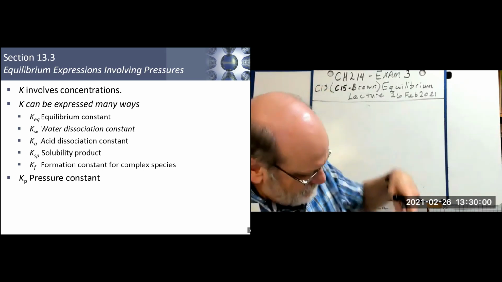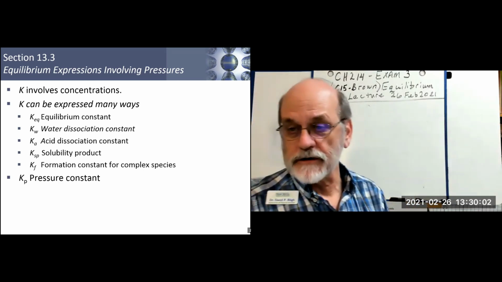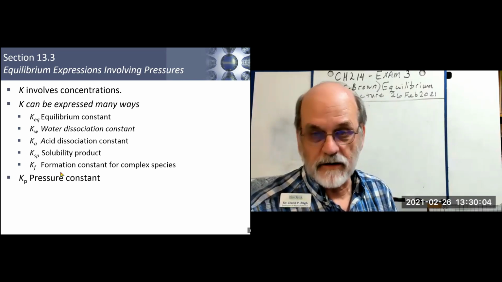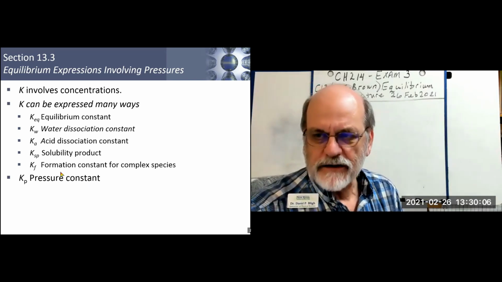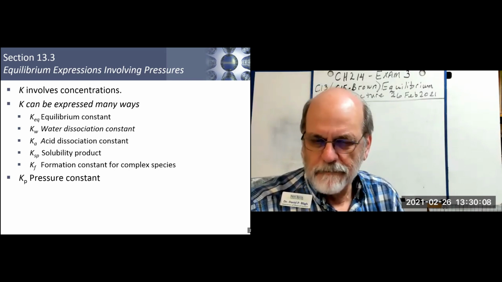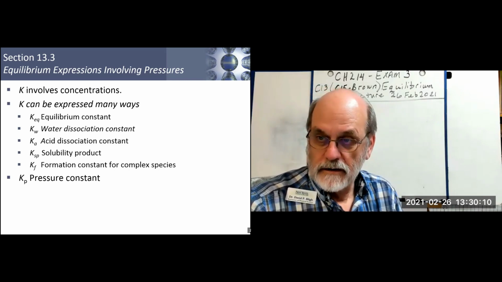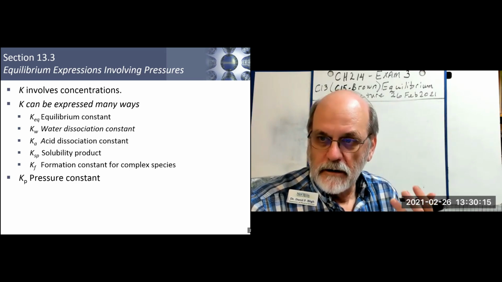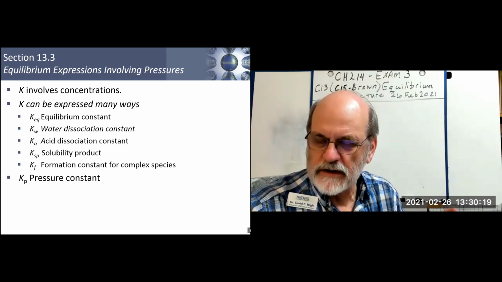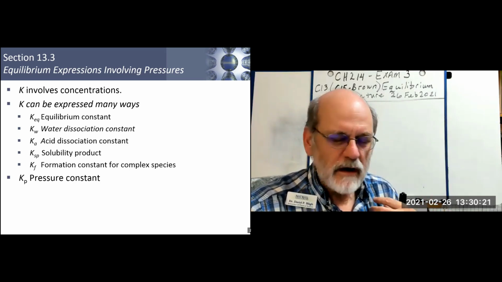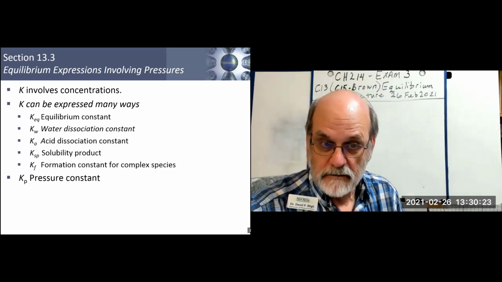Notice that we have a number of different subscripts for the K value. And those are meant to help inform the reader under what conditions, or are there special conditions? Are we considering a certain type of reaction?